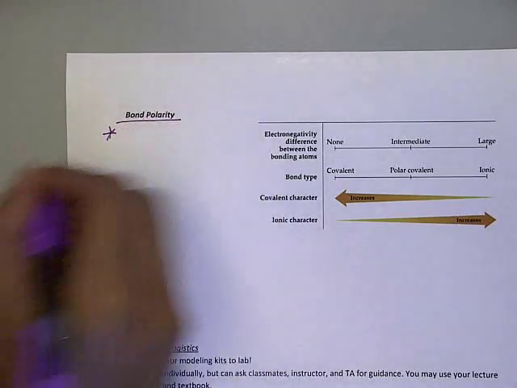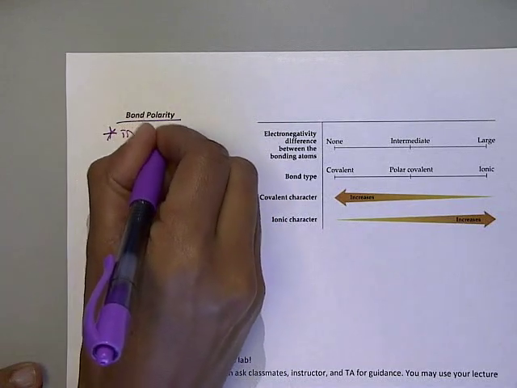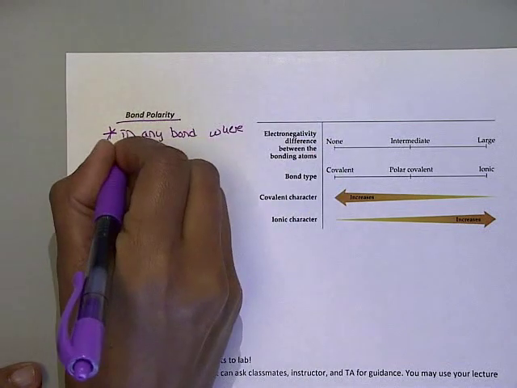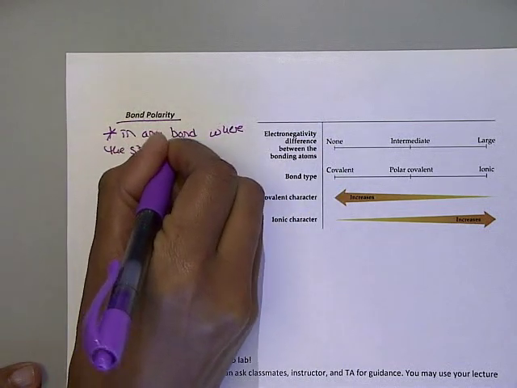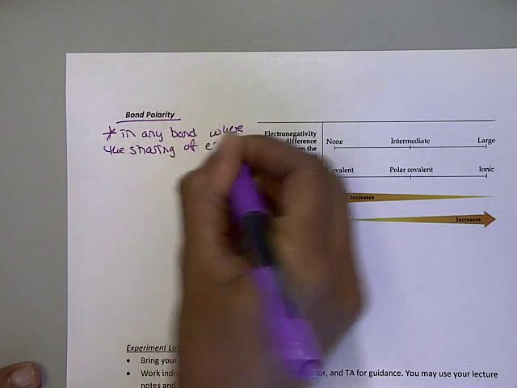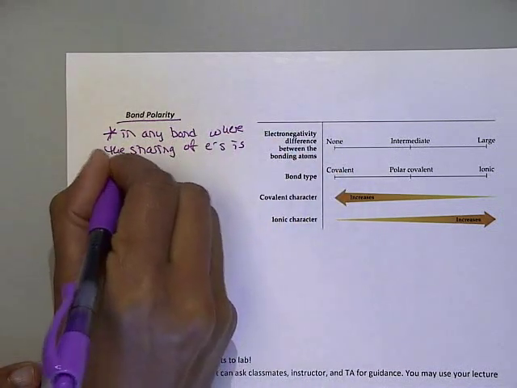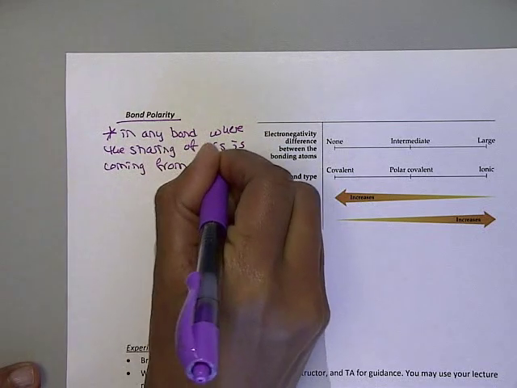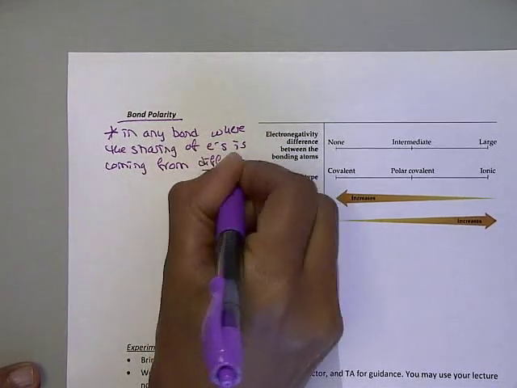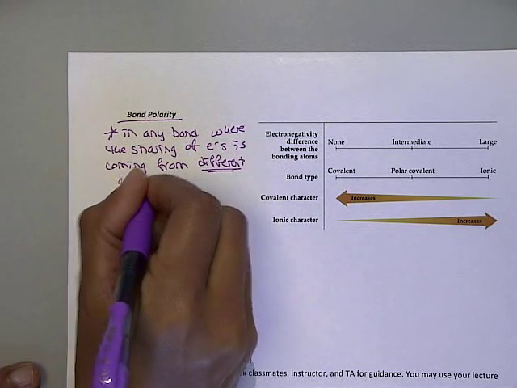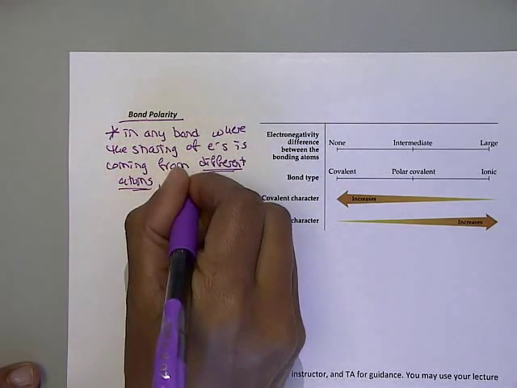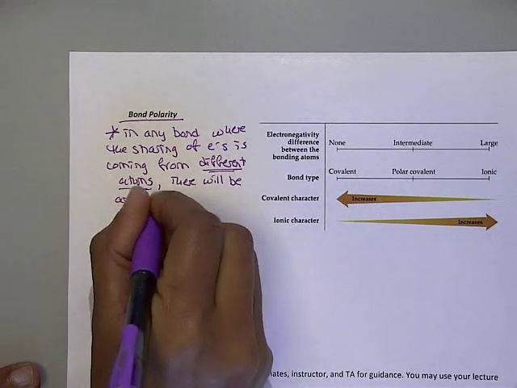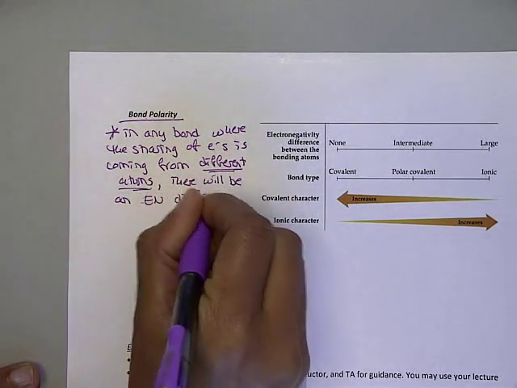Bond polarity basically says that in any bond where the sharing of electrons is coming from, and the key here is coming from different atoms, there will be an electronegativity difference.